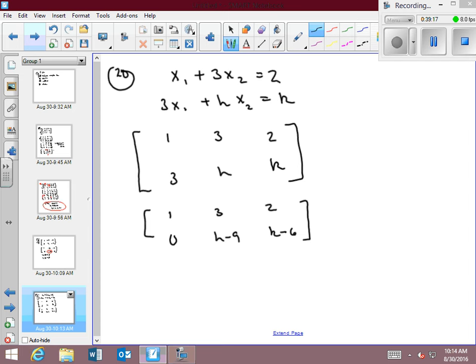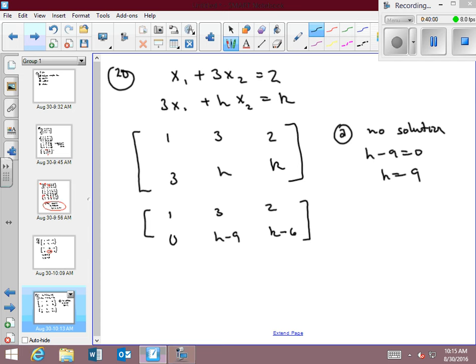Now, let's look at our question here, see whether maybe we can answer it at this point. For this to have no solution, what would you say? No solution if what occurs? Okay, if h minus 9 equals 0. So h equals 9, no matter what anything else is.